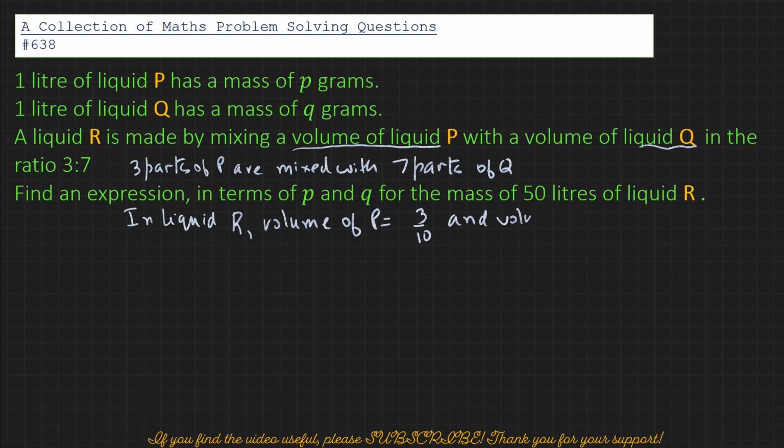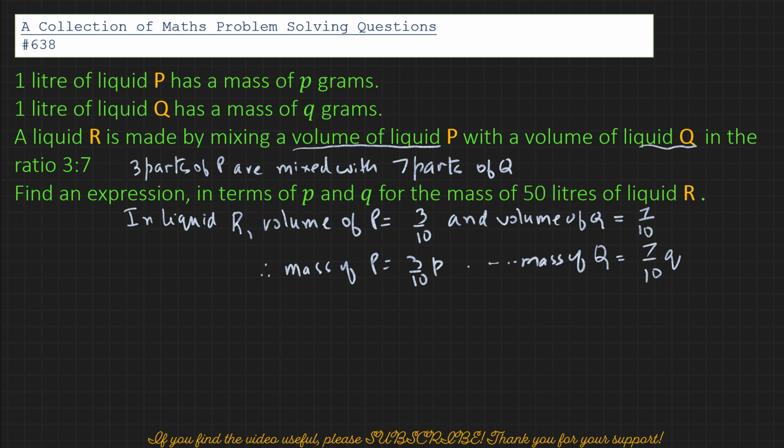So we can write volume of Q would be 7 out of 10. Okay, therefore the mass of P would be 3 out of 10 P, and the mass of Q would be 7 out of 10 Q.